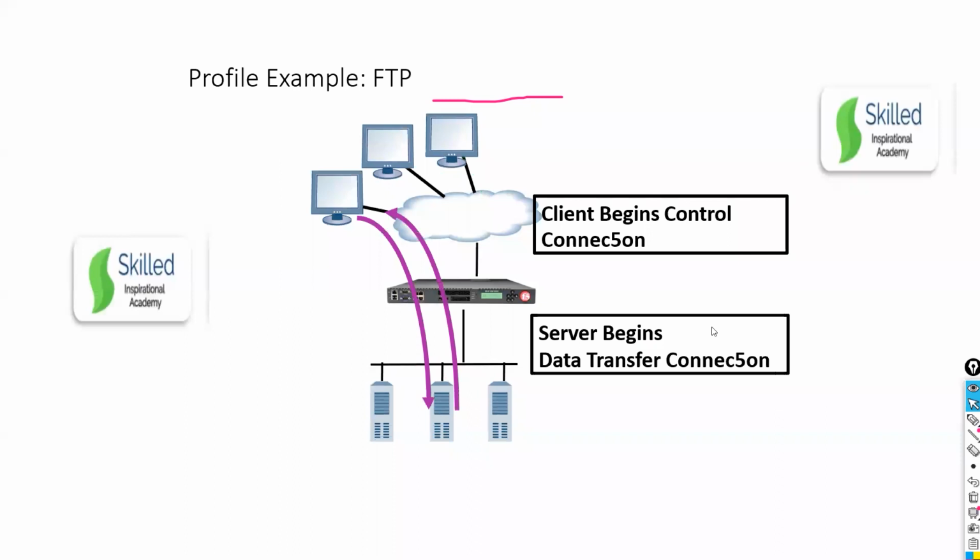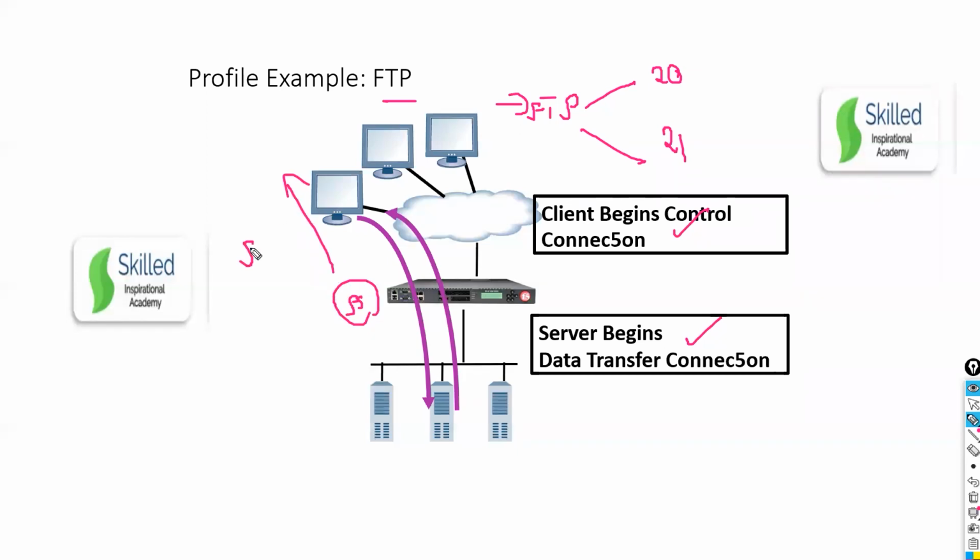These are some examples. FTP, guys. FTP works on how many ports, guys? FTP works on which port? There are two ports in FTP, 20 and 21. One is your control connection and one is your data transfer connection. So how will F5 come to know whether I'm getting FTP traffic?